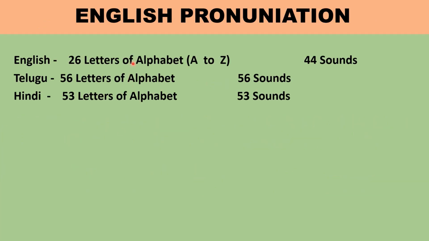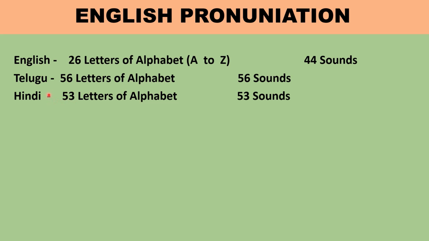Next, we talk about English pronunciation. If you take the English language, there are 26 letters of the alphabet, that is A to Z, and very characteristically these 26 letters give rise to 44 sounds, and this is the unique feature of the English language, students.